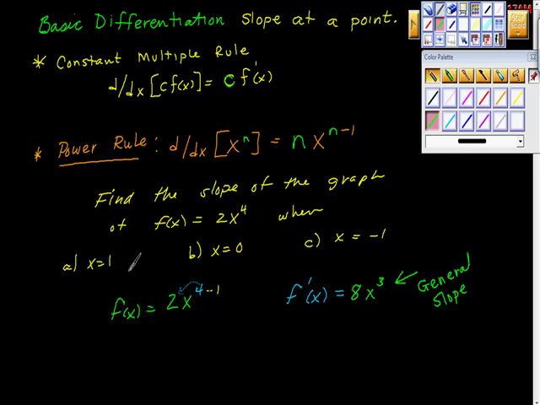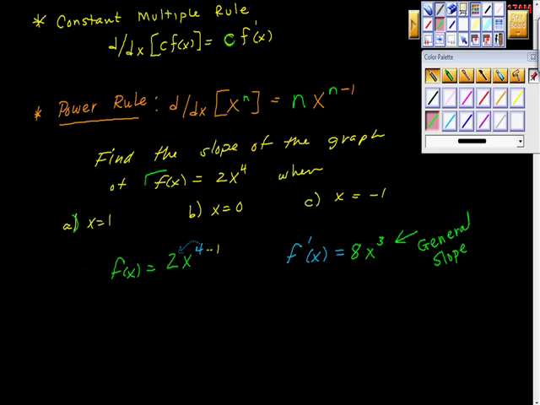Now what we're being asked to do is find specific slopes. Given this function, what's the slope of this function when x is 1? How would we figure that out? We want to know what the slope is when x is 1, so we want f prime at 1.